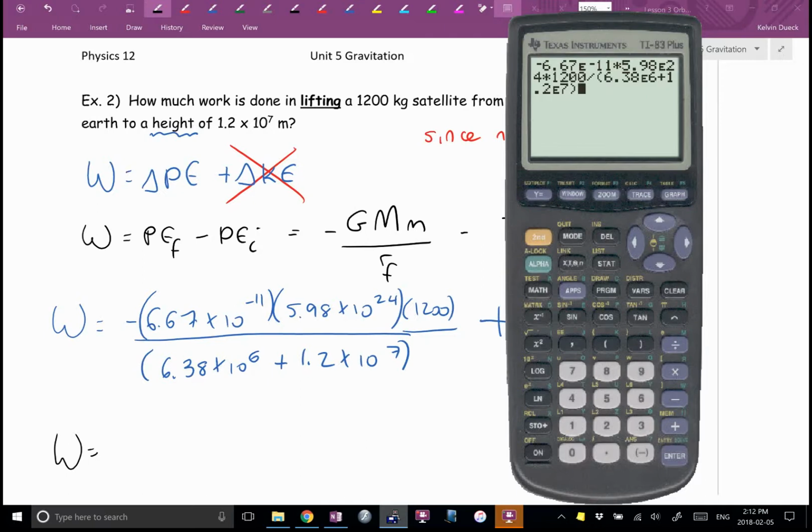What's your final potential energy? Negative that. Negative 2.60413 times 10 to the 10th.